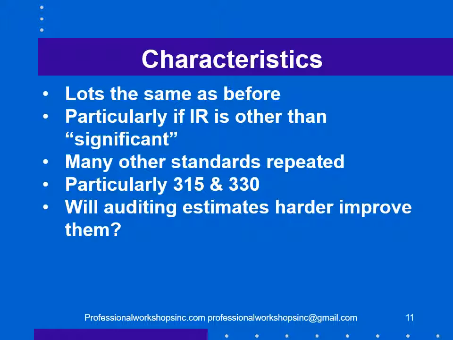Okay, that's the style. The other thing is we have to ask the question, will auditing estimates harder improve them? So if an accounting estimate is really uncertain and possibly going to be found to be wrong in a future period, will doing more audit procedures make it a better estimate?